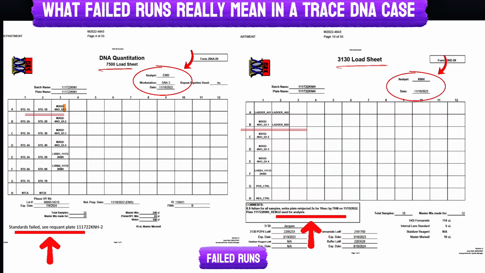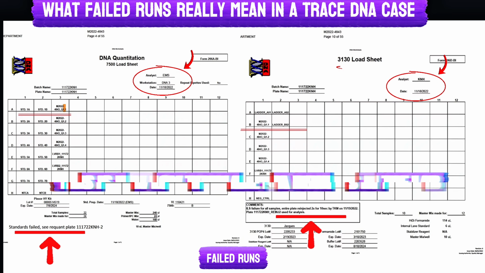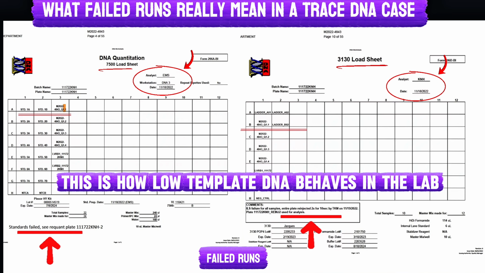Multiple post extraction failures, failed quant standards, amplification failures, ILS failures, the works, usually means three things. You're right near the detection or validation threshold. The system itself has already said at least twice, this run isn't good enough. And only after pushing it, changing settings, re-injecting, tweaking conditions, did it finally yield a profile.